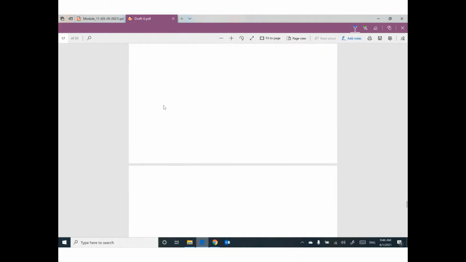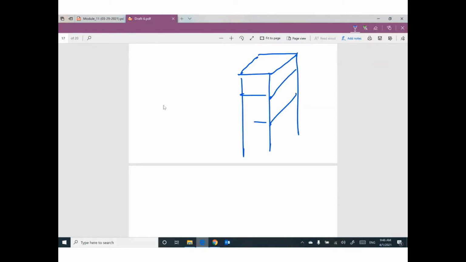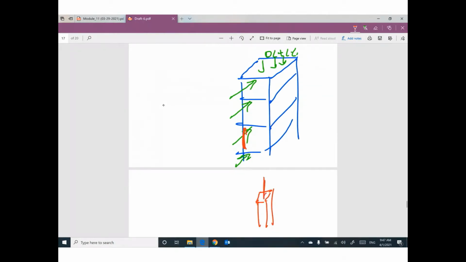Anyway, the second case is if you have a high-rise building. At the same time we have vertical load, which is dead plus live, and we have lateral load. I'm talking about this column: the dead load will cause compression.